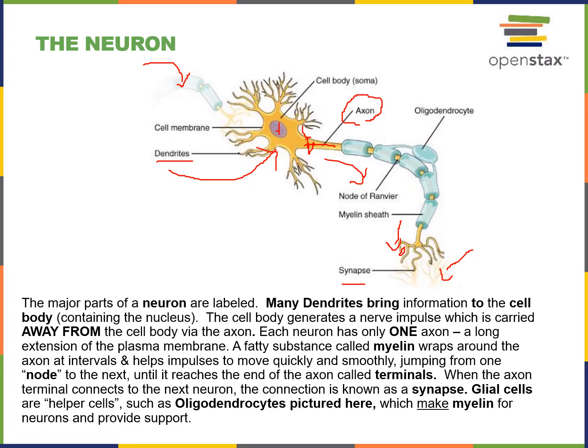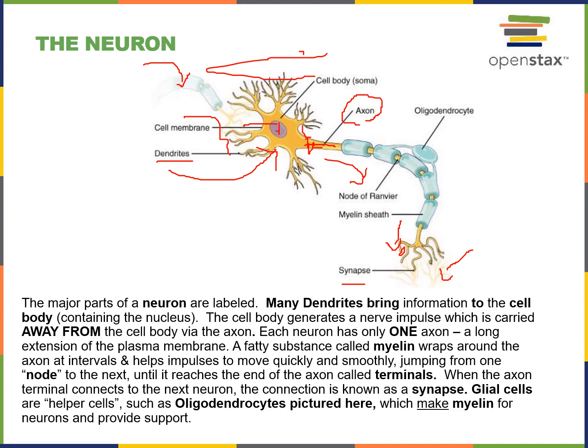Now, the dendrites all collect information. The reason they have lots of little fingers is because it allows them to cover a large surface area around where the neuron is, so they can collect information and bring it into the cell body. Neurons have only one axon, but many dendrites.